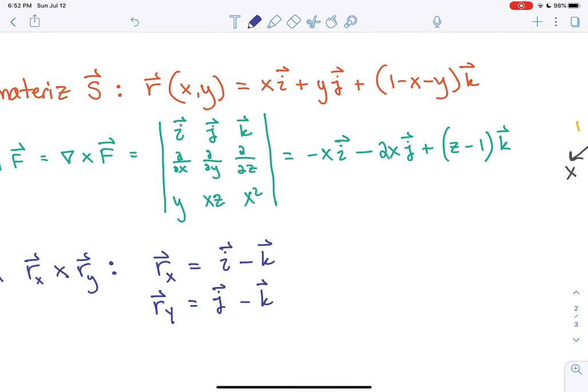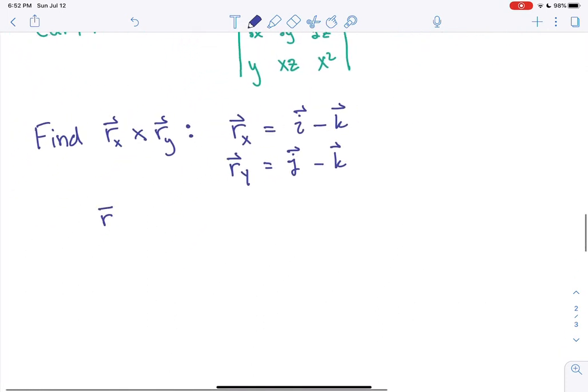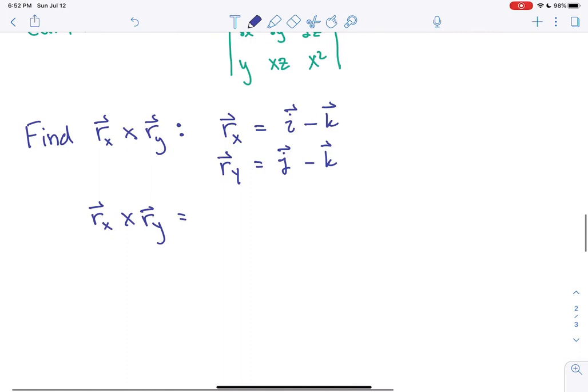And now we'll do the cross product of those two. So we'll get our x crossed with our y. In this case, we'll do another matrix. In this case, we'll have 1, 0, negative 1, and then 0, 1, negative 1.